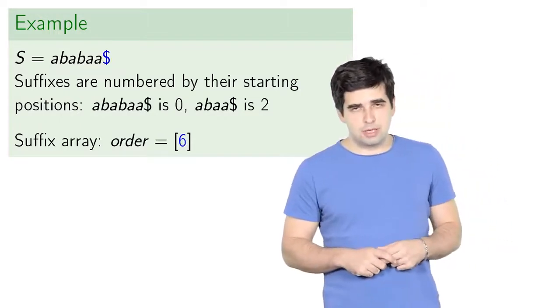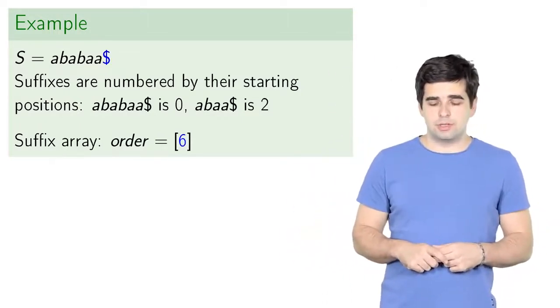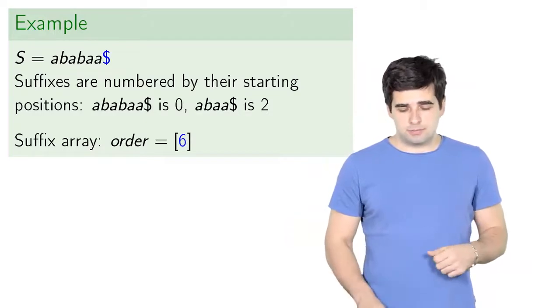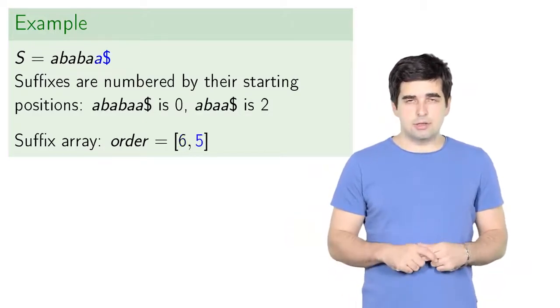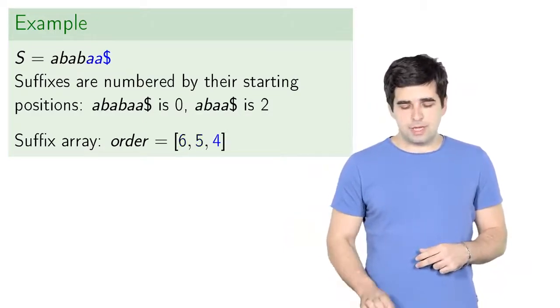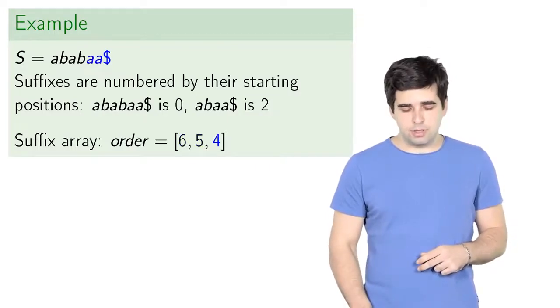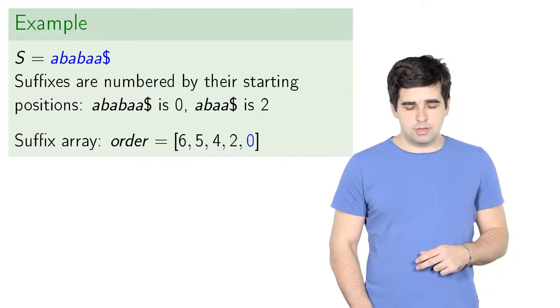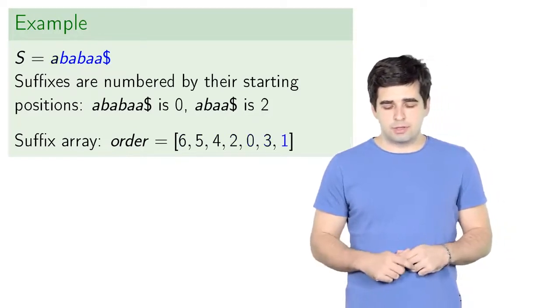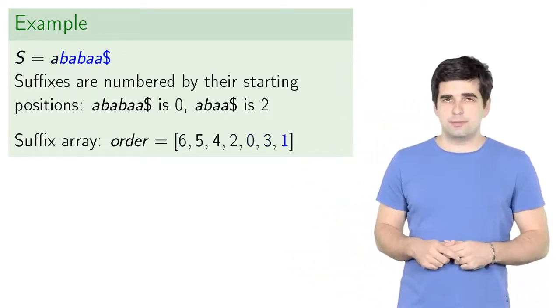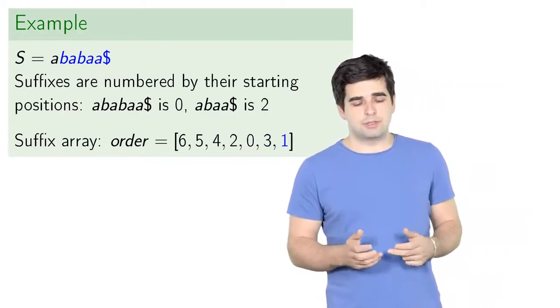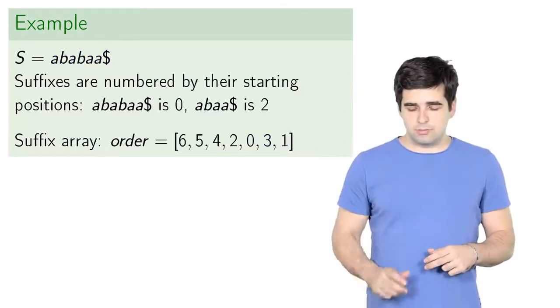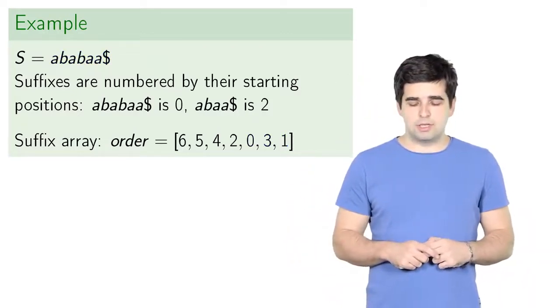So the first suffix in the order is suffix number 6. And the next one is A$, which is number 5, and then AA$, which is number 4, and then ABAA$, which is 2, then 0, then 3, and then 1. So this is the kind of array which we call the suffix array, which is the order of all the suffixes of the initial string.